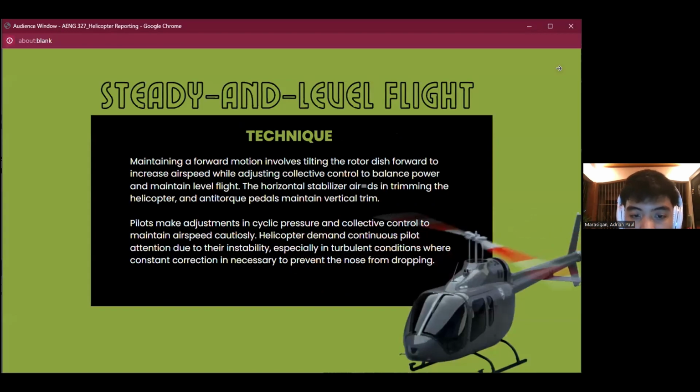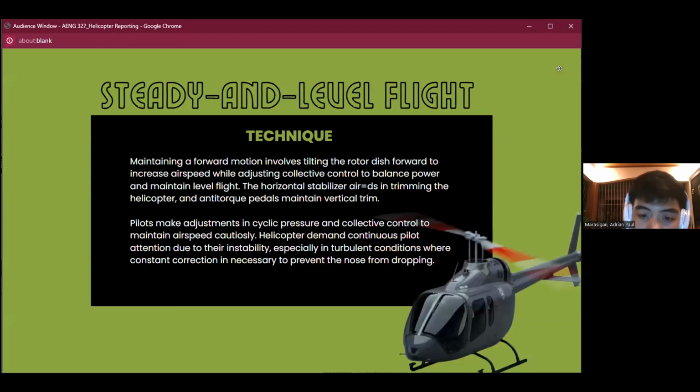When conducting straight and level flight, the pilot must utilize external and internal visual references. The natural horizon serves as a crucial reference for maintaining the helicopter's alignment. If the horizon appears to rise, it may indicate a need for slight power adjustment or a potential downward pitch of the helicopter's nose.